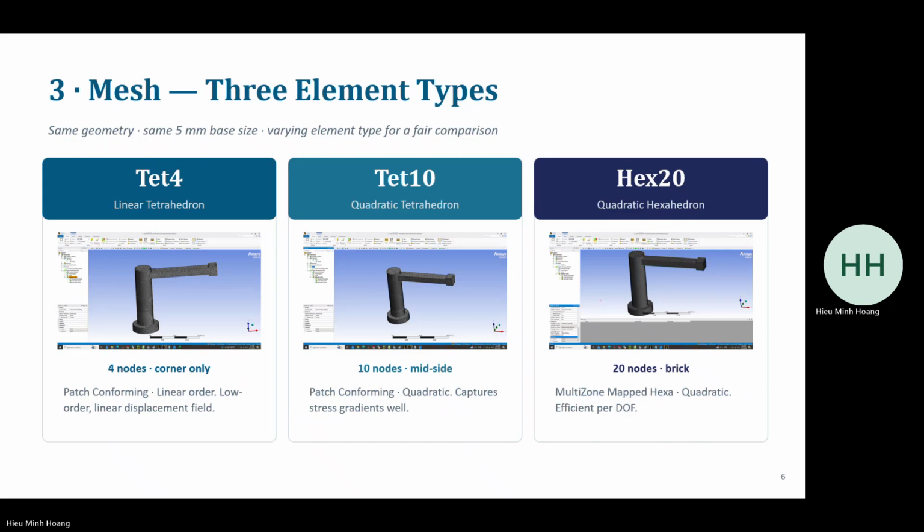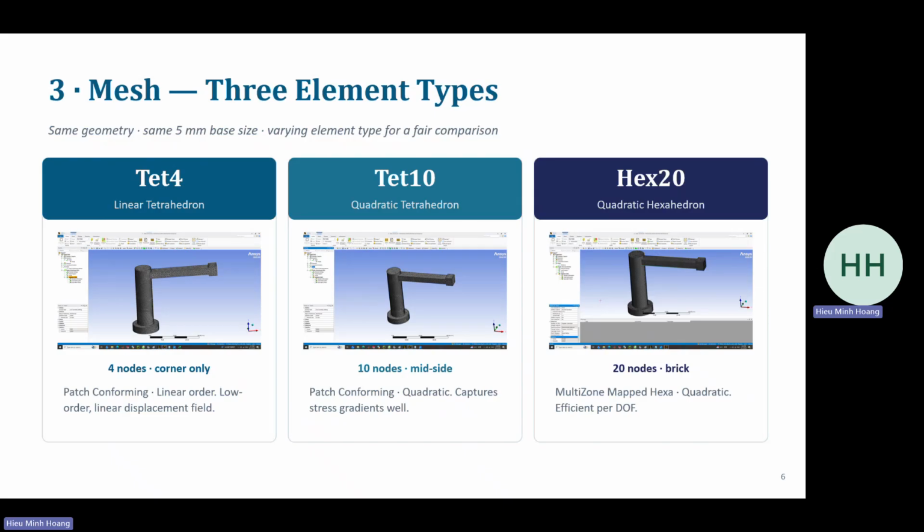To make a fair comparison, I use the same geometry and the same 5 millimeter base size. Only the element type changes. The first is TET4, a linear tetrahedron with nodes at the corners only.